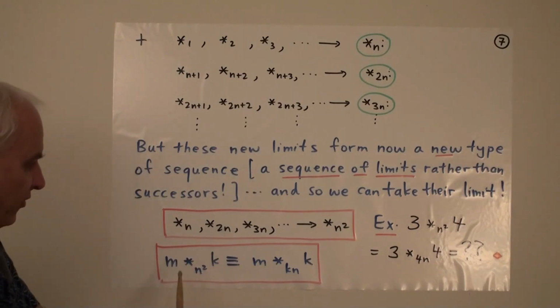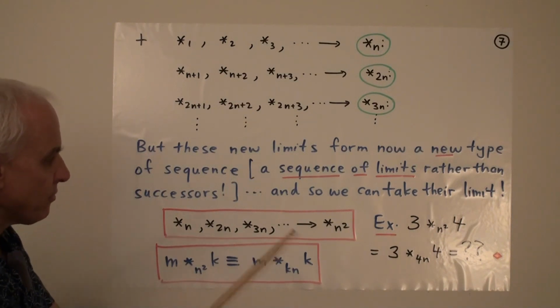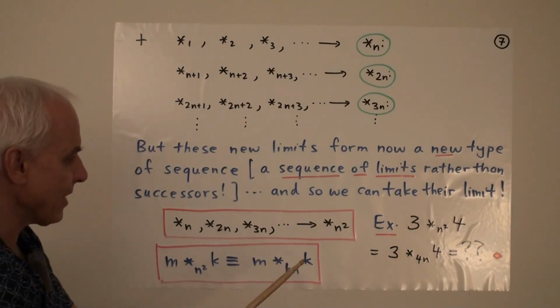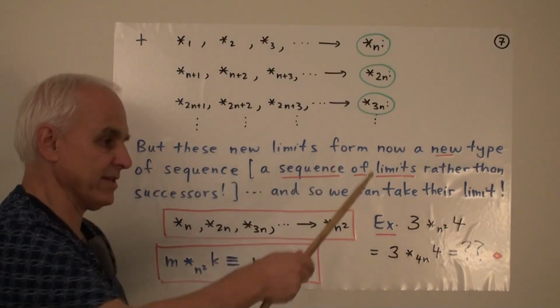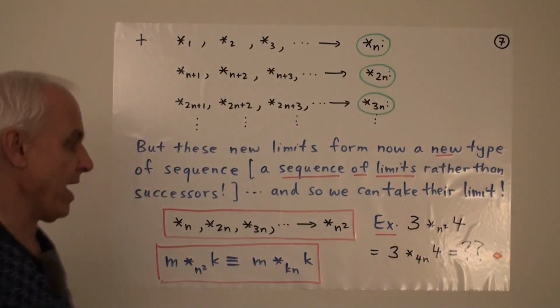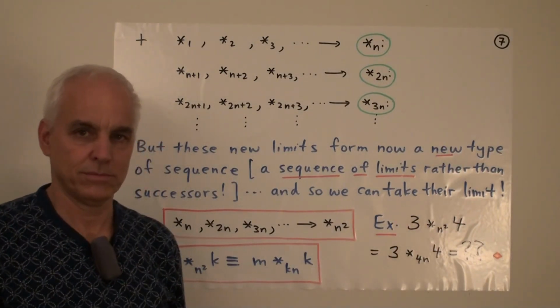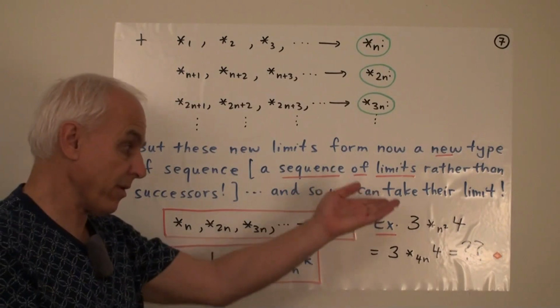Okay, so this is quite interesting now. It's a new kind of limit. It's at some point a higher limit than these ones because it's a limit of limits. So for example, we might now ask, what is 3 star n squared 4? Right? This is a number.